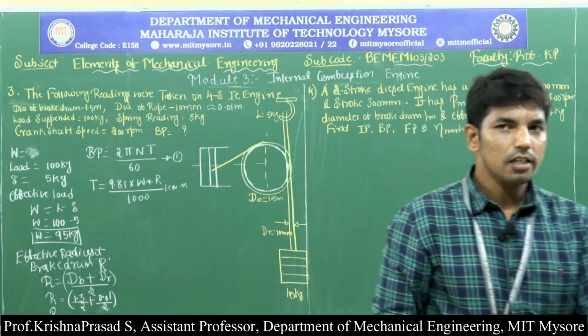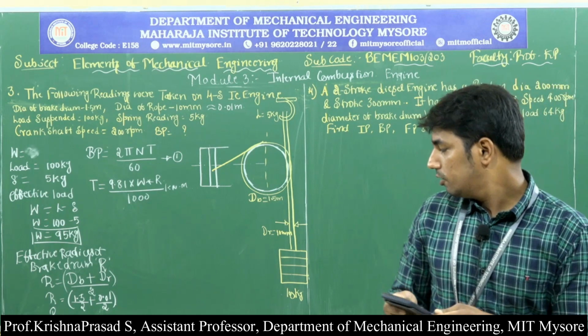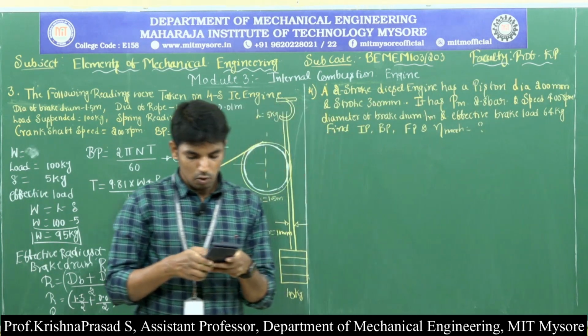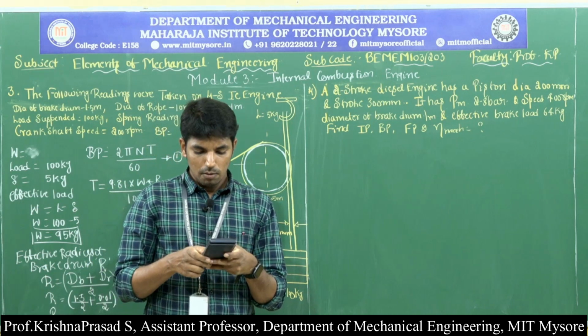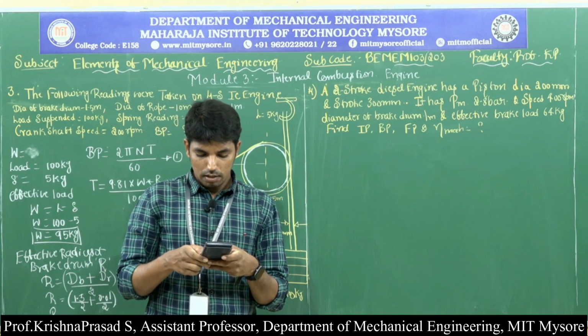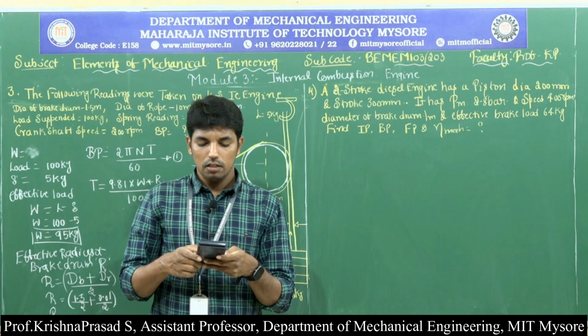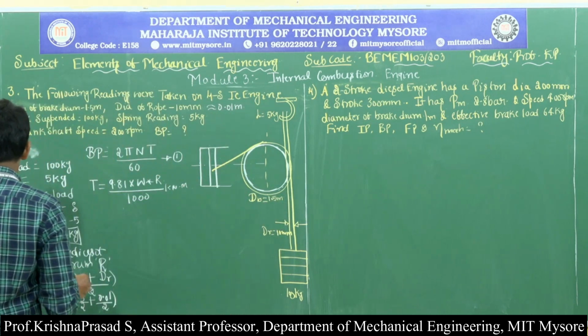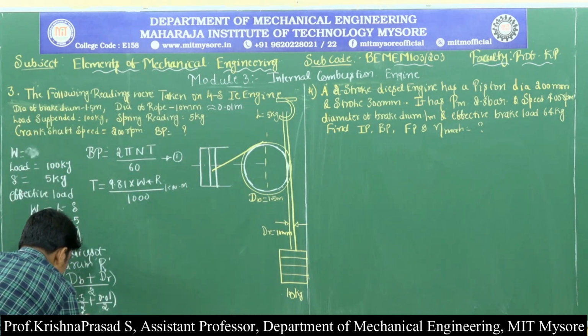For the calculation of effective radius, just take the calculator. 1.5 divided by 2 plus 0.01 divided by 2 should be added. Therefore, the effective radius we get is 0.755 meters.